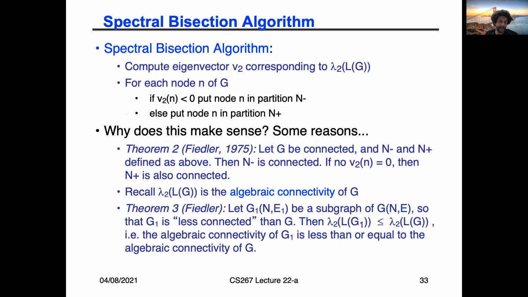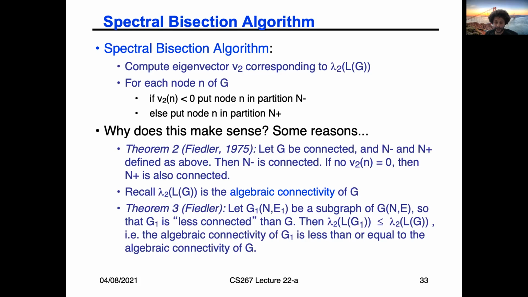Simply, these algorithms look at the Fiedler vector entries. For each coordinate in there, if that coordinate in the eigenvector is negative, then it's put in partition 1. If it's positive, put it in the other partition, and then we recursively do it. So this is another recursive bisection algorithm.